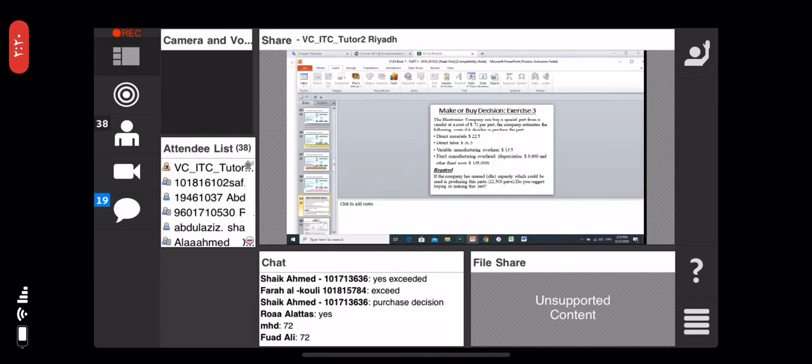If he said there is extra cost for shipping, you need to add it to purchases cost. Okay, clear? Here we don't have extra cost, just purchases cost 72.